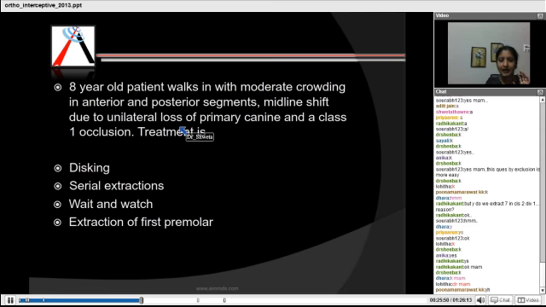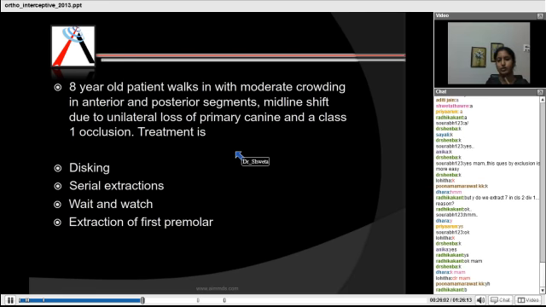Next is, an 8-year-old patient has moderate crowding in anterior and posterior segments, midline shift due to unilateral loss of primary canine, and a class 1 occlusion. What is the treatment?